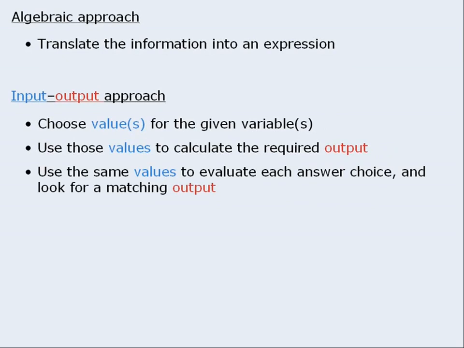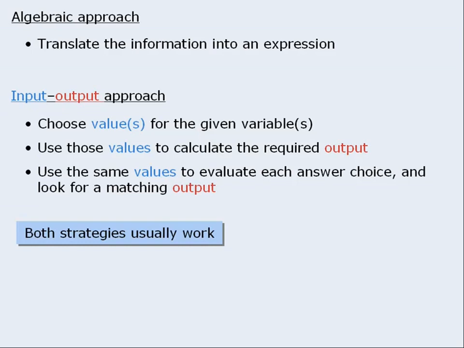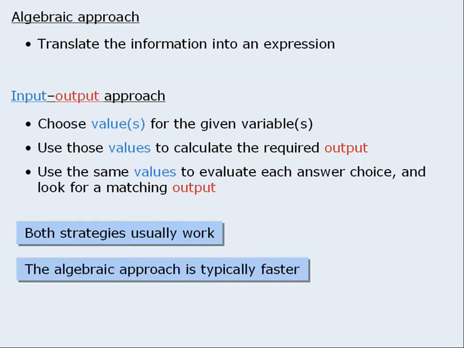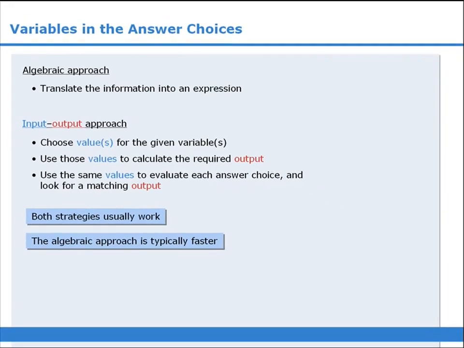Finally, we use those same values to evaluate each answer choice to see which one yields an output that is the same as the required output. Now please note that in most cases, either strategy will work. However, you will find that the algebraic approach is typically faster, so this should be your preferred strategy.